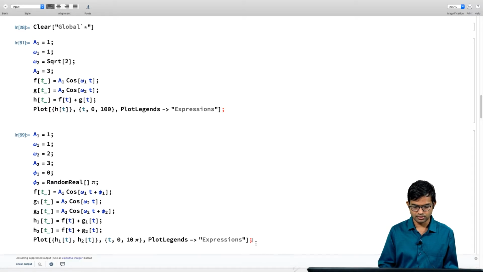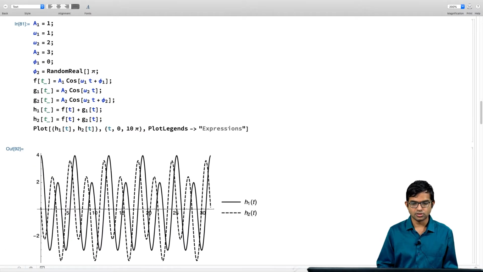And I will plot this function. So I'm plotting both h1 and h2. So I have h1, where g1 has no phase shift, and h2 is composed of f and g2, where g2 does have this random phase shift.